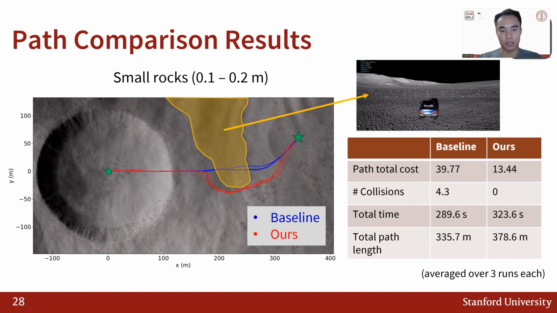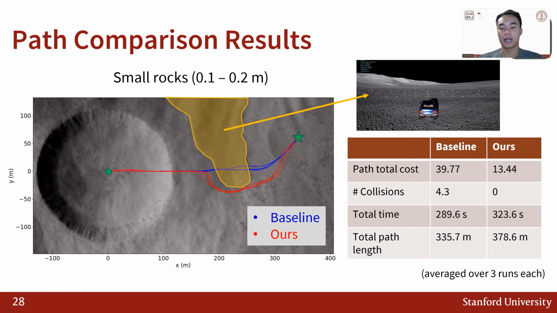The second scenario we consider was smaller rocks, which are traversable by the rover, but in a realistic scenario, you'd potentially be accumulating significant wear and tear on the rover by driving over these small sharp rocks, and so it would still be undesirable. We see that our approach is still able to recognize the high cost from this region and replan around it, whereas the baseline drives the rover straight through.